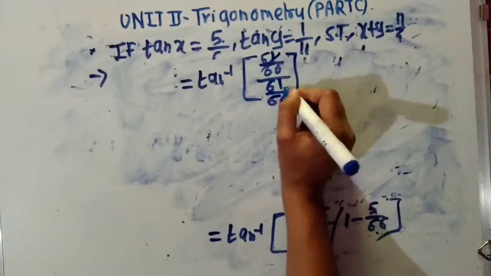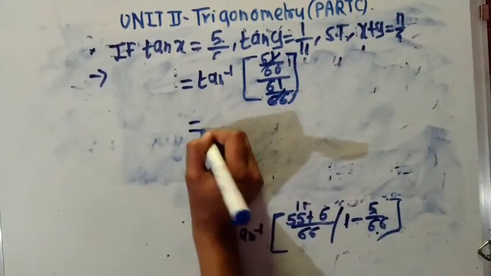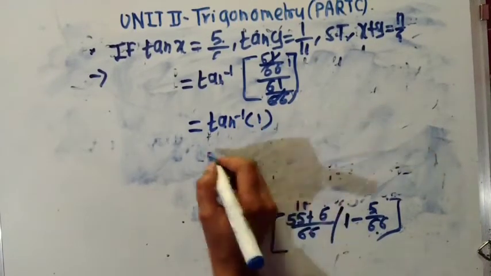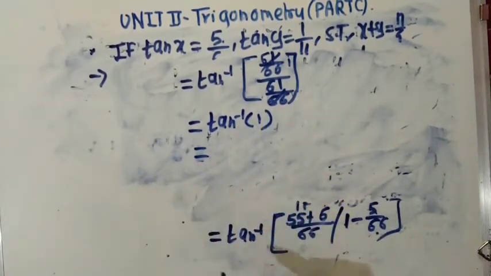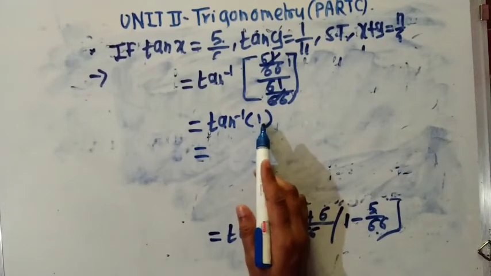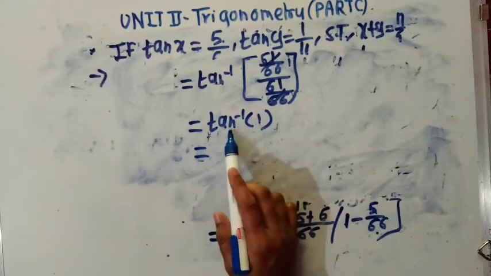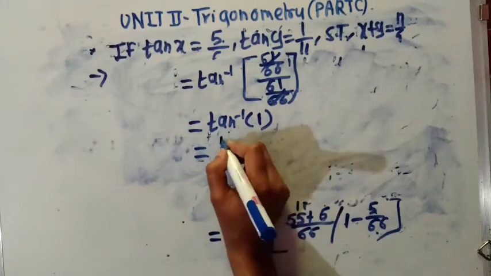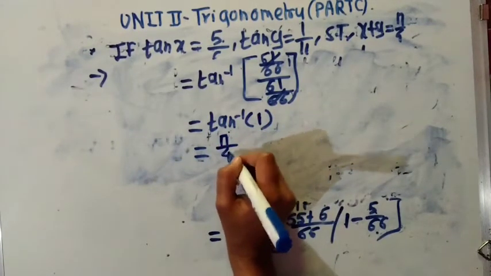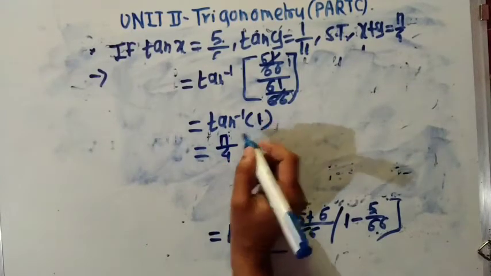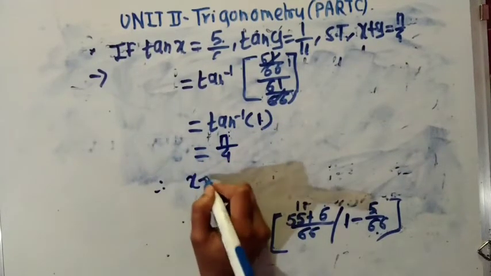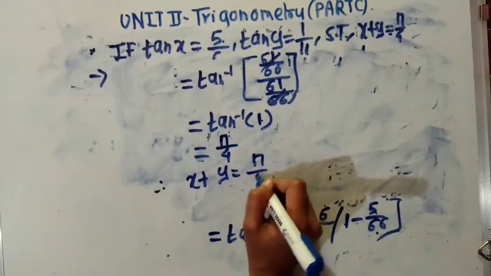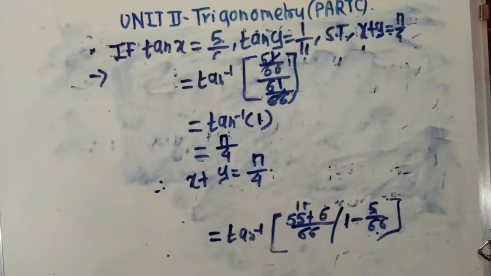So this and this will get cancelled, hence which is equal to tan inverse of 1. But which angle of tan has value 1? It is tan 45 degrees, that means pi upon 4 is the tan inverse of 1. Hence x plus y is equal to pi upon 4.